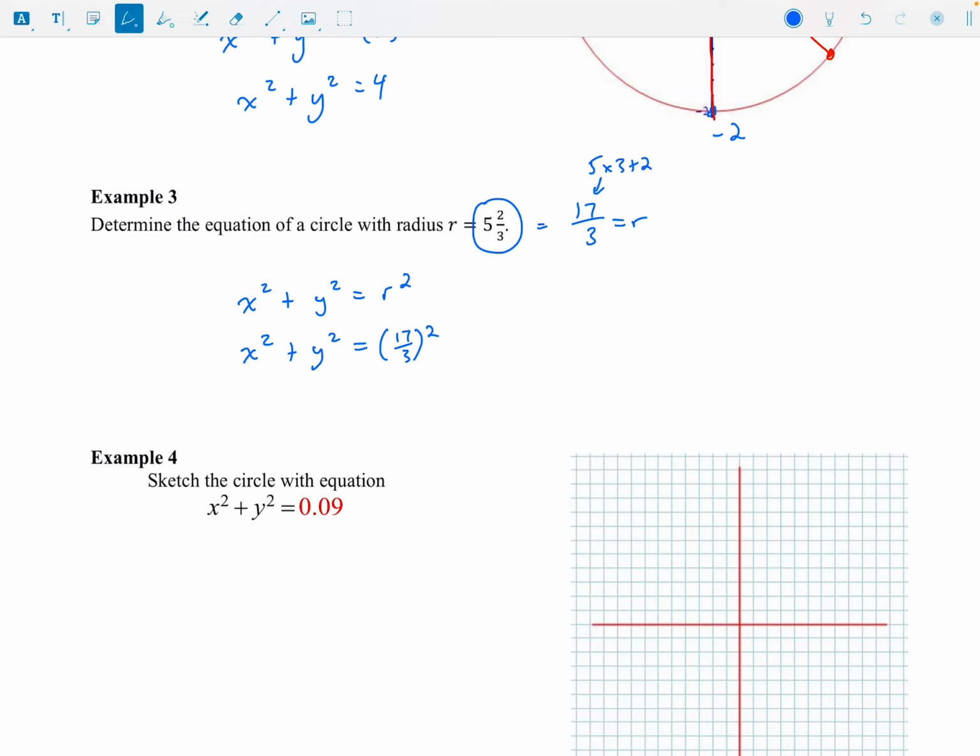I've got to be honest, I'm using a calculator for this one. 17 squared is 289. So we get x squared plus y squared equals 17 squared over 3 squared, which is 9. So we get 289 over 9. That's it.